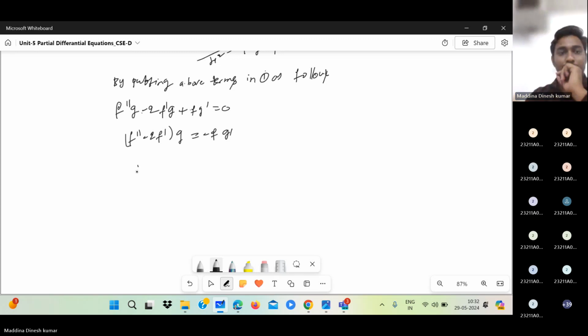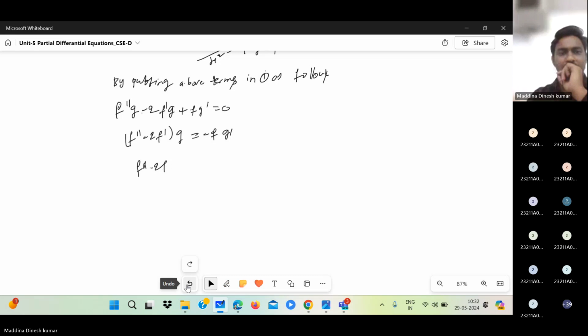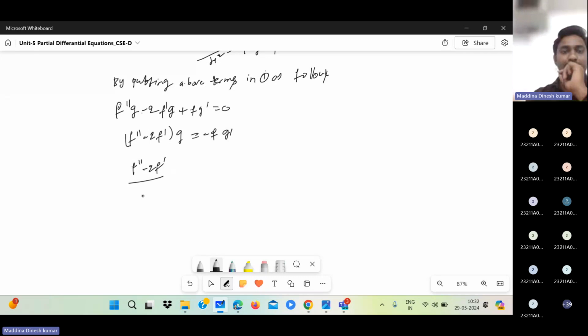Then you will get f double dash minus 2 f dash by f equal to minus g dash by g.